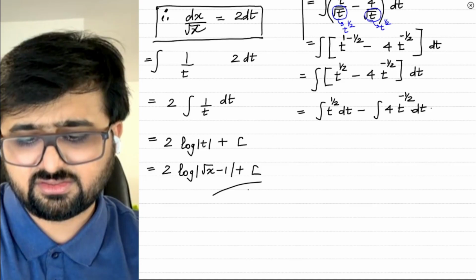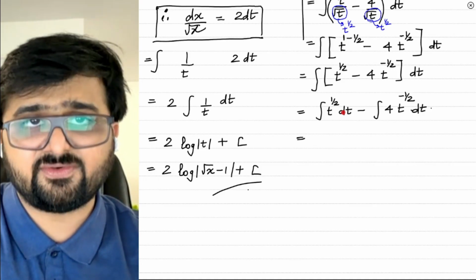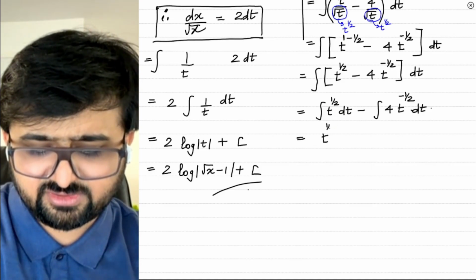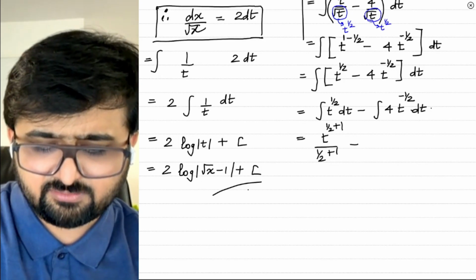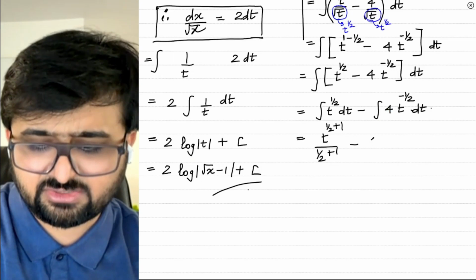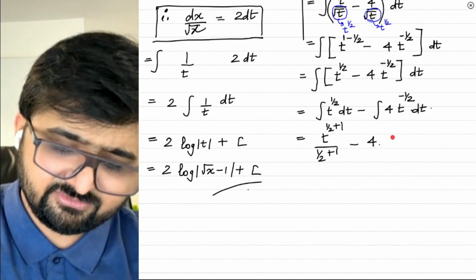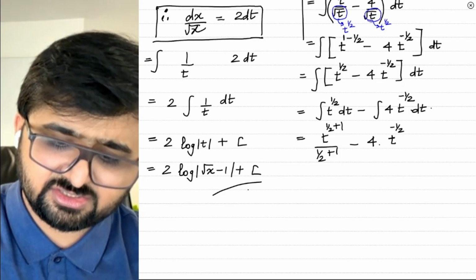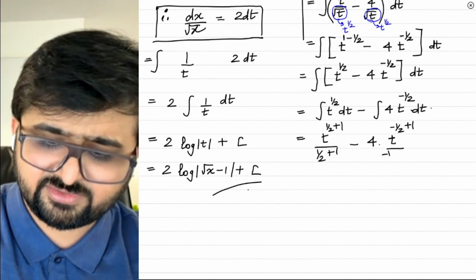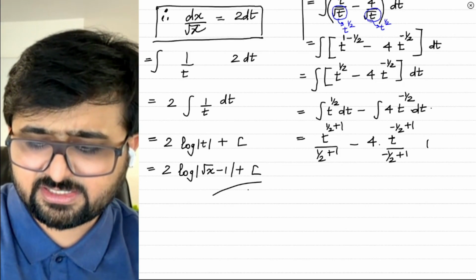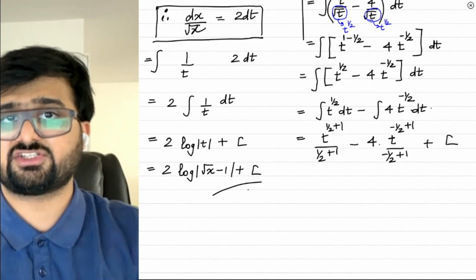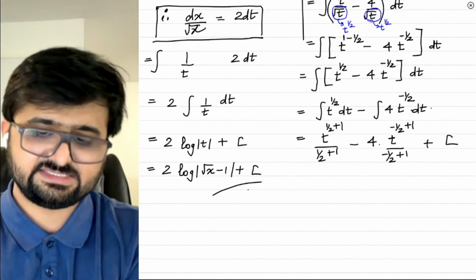Now for t to the power half, the integral is t to the power half plus 1 divided by half plus 1. Minus 4 is constant, take it out of integration. For t to the power minus half, the integral is again t to the power minus half plus 1 divided by minus half plus 1, plus add the constant of integration c. I hope that makes sense so far.